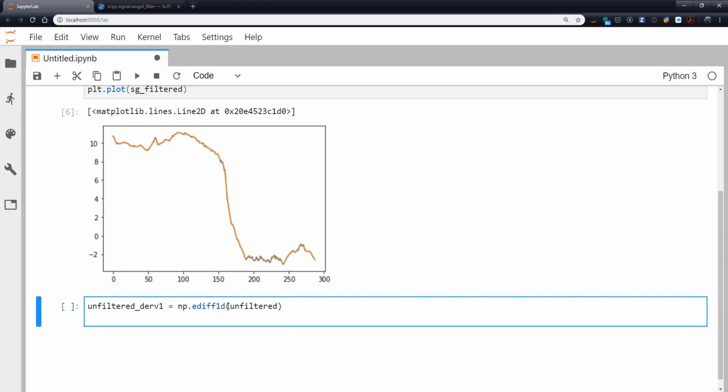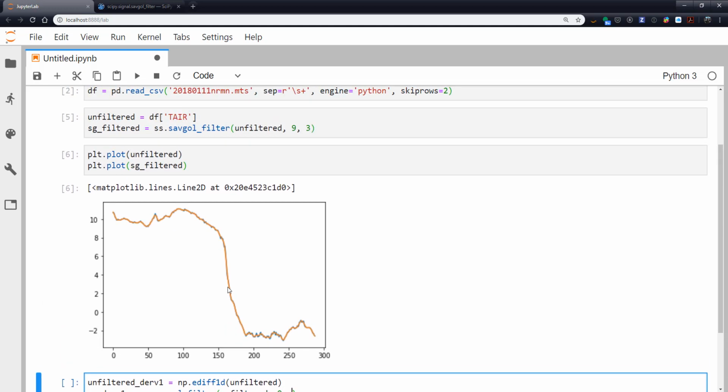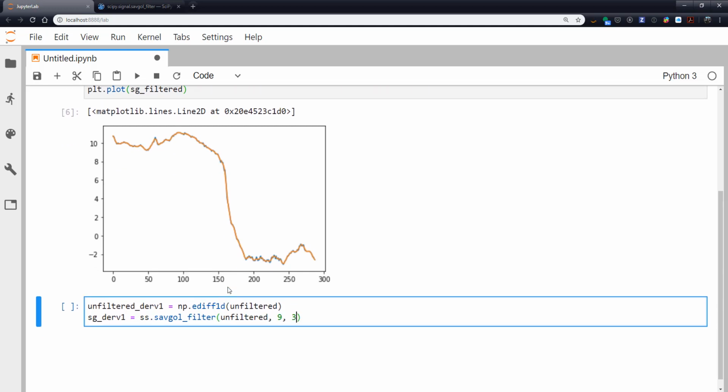And then I'm going to have Savitzky-Golay deriv1. So remember, ss.savgol_filter, our data, 9, and I believe we did 9 and 3. Yeah, so we'll just stick with 9 and 3.